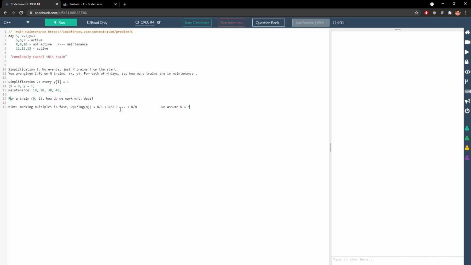And if, assuming that our both simplifications, then indeed we can do it, because we can count how many trains are of this same format, x equal to 9, y equal to 1. And just for each of those, we will mark it.